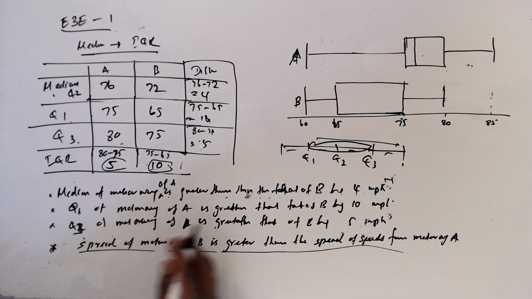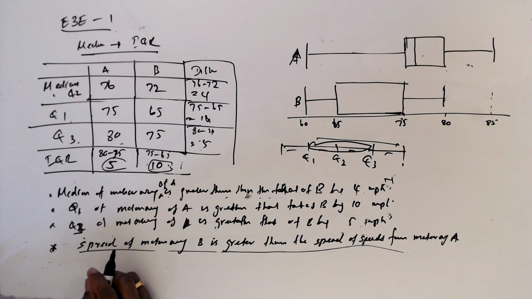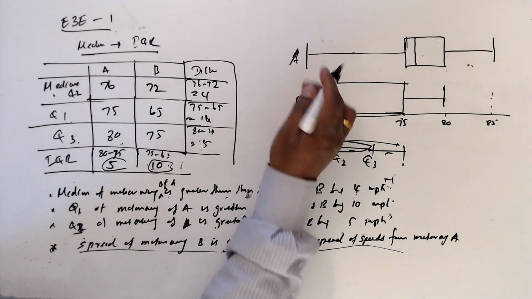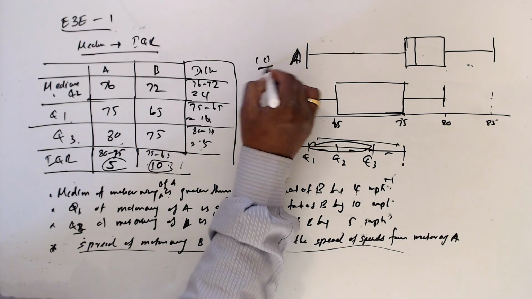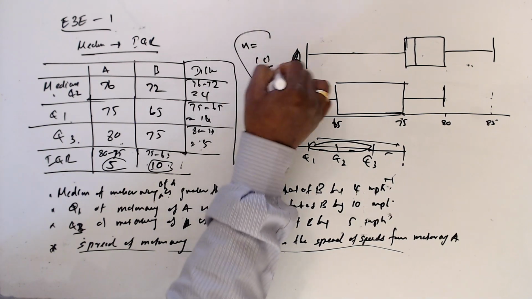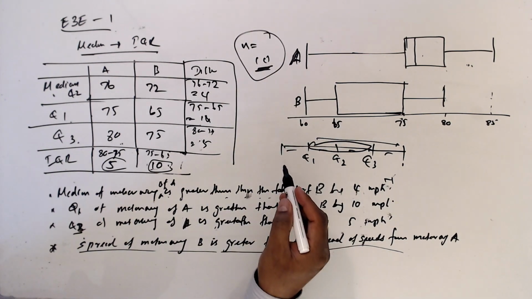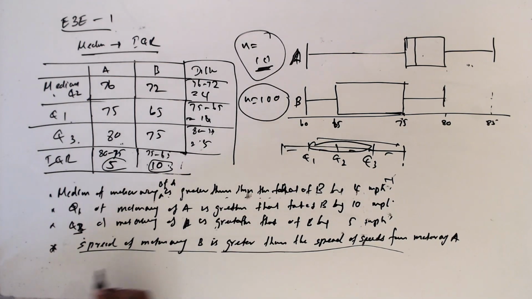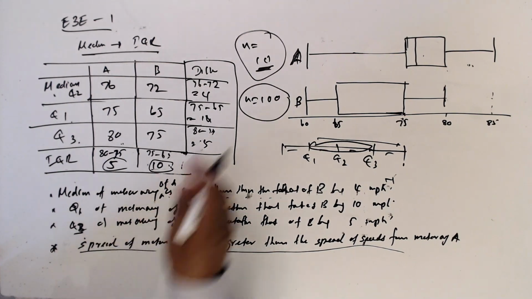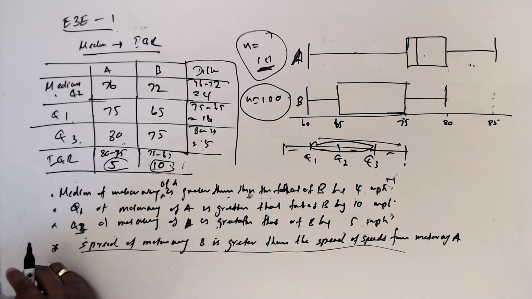But what do you think about the number of cars? Only 10 cars were used for this, n equals 10 sample size, and this is n equals 100. Usually it should not be like that, then it's biased. If we take 100, then we have to take 100 data.